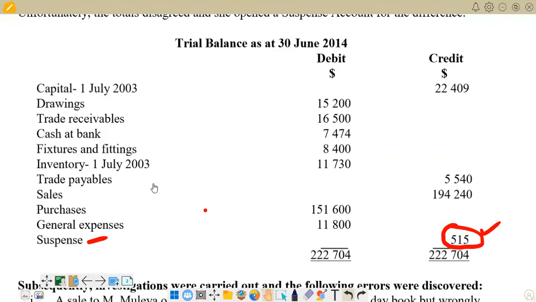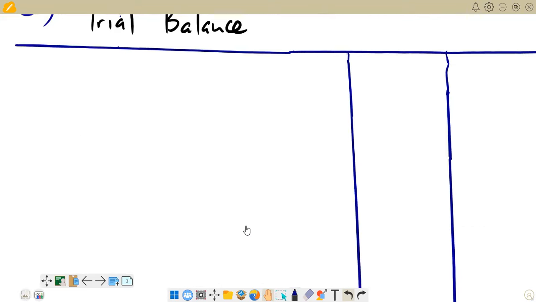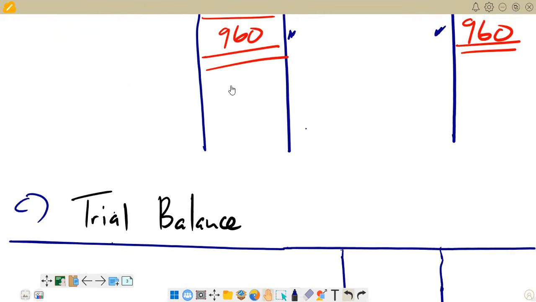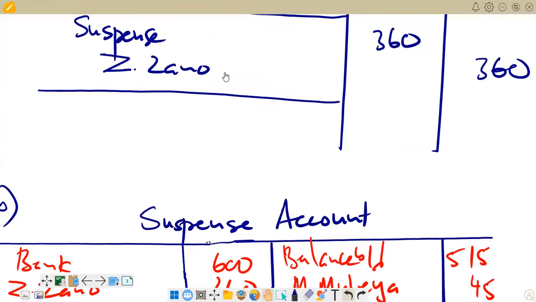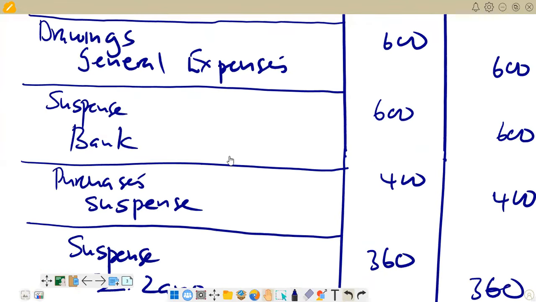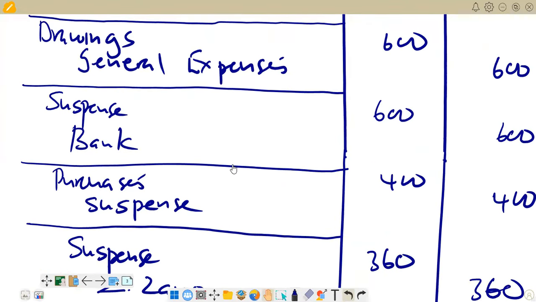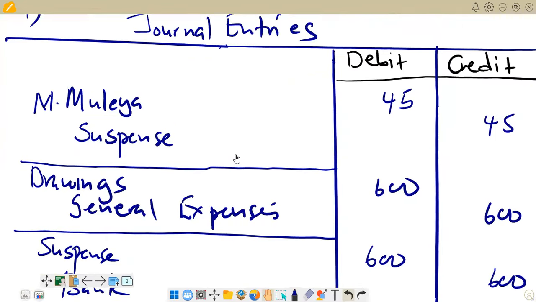So we start with capital. Let's start with capital, and we check if we have got anything that is affecting capital, and we can only see that if you go to the journal entries. If you come to the journal entries here, that's where you are going to see whether we've got an error that is affecting any of the entries.